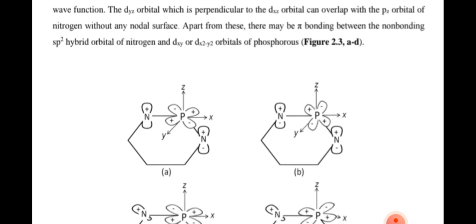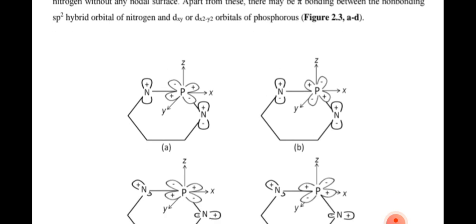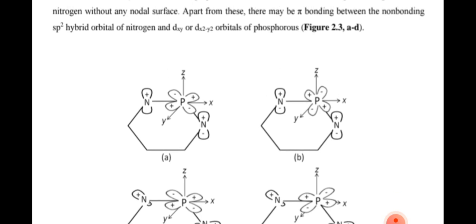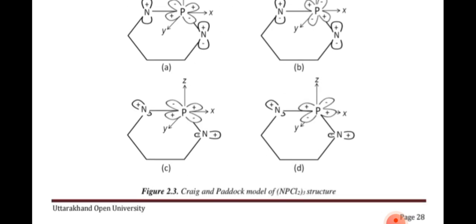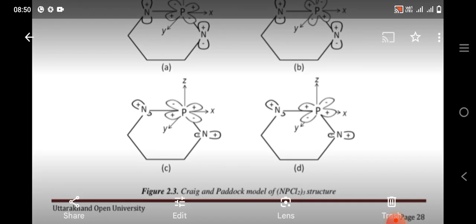The dyz orbital, which is perpendicular to the dxz orbital, can overlap with the pz orbital of nitrogen without any nodal surface. Apart from this, there may be pi bonding between the non-bonding sp2 hybrid orbital of nitrogen and the dxy or dx2-y2 orbital of phosphorus. Craig's and Paddock's model of N3P3Cl6 structure of phosphazene.